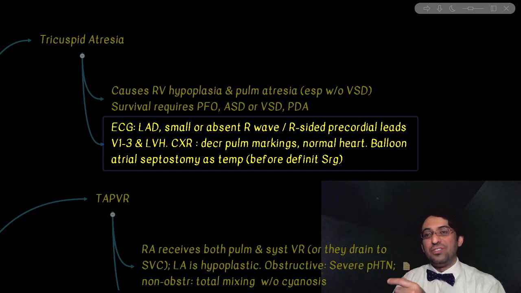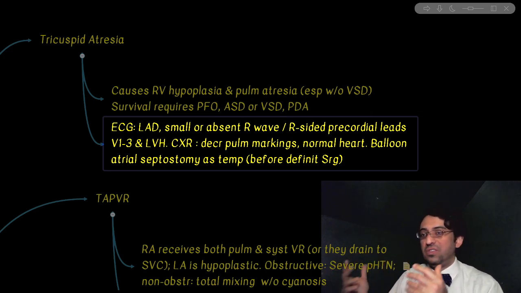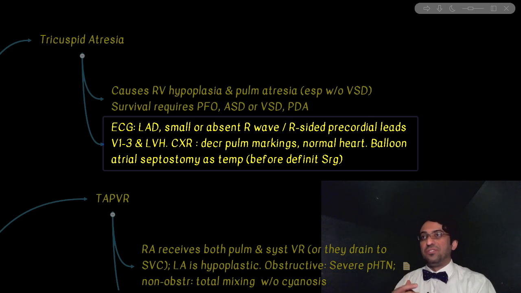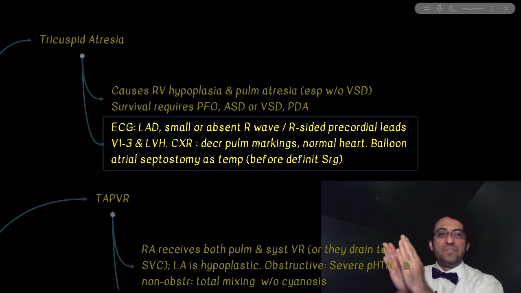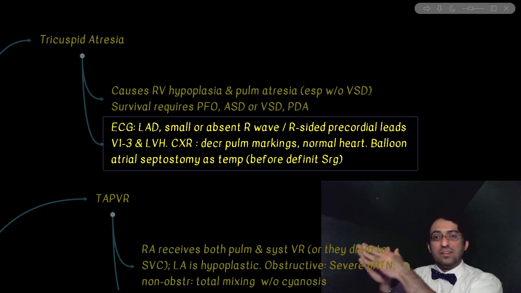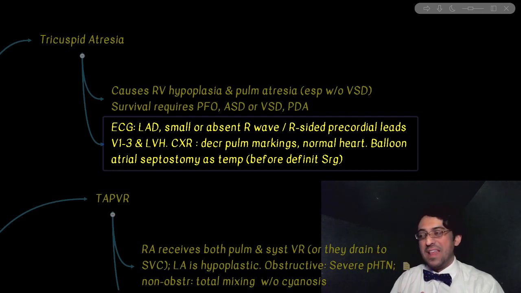In this condition, we have right ventricular hypoplasia, and even though we do not necessarily have left ventricular hypertrophy, which is the more common cause of left axis deviation, because of the decreased electrical vector of the right side of the heart, we have this left axis deviation. This is again one of those one-word descriptive findings that can help you differentiate the diagnosis of tricuspid atresia.